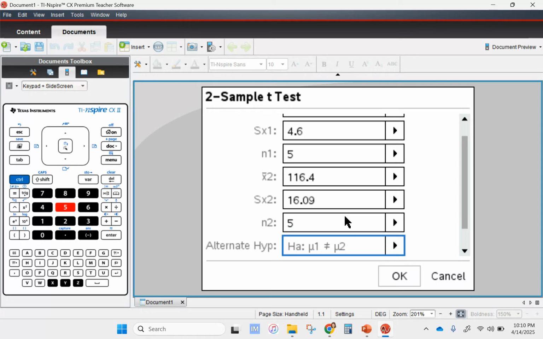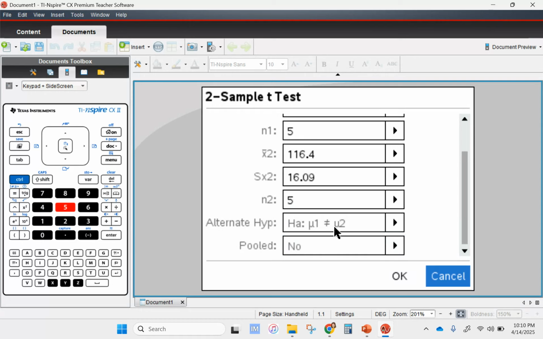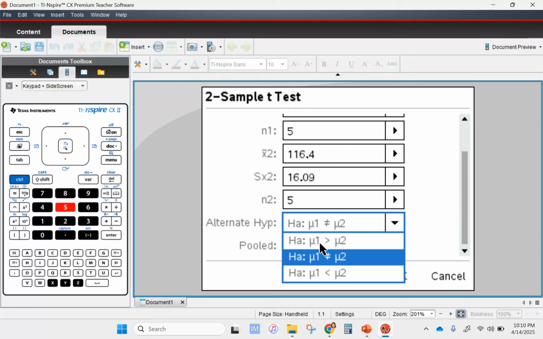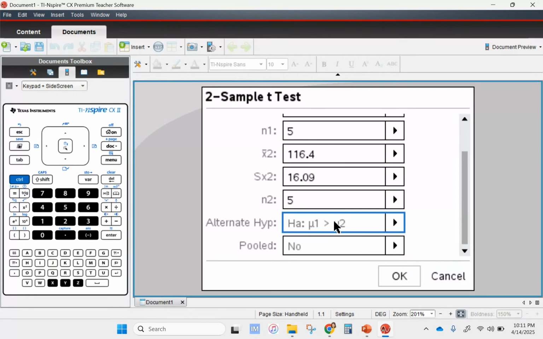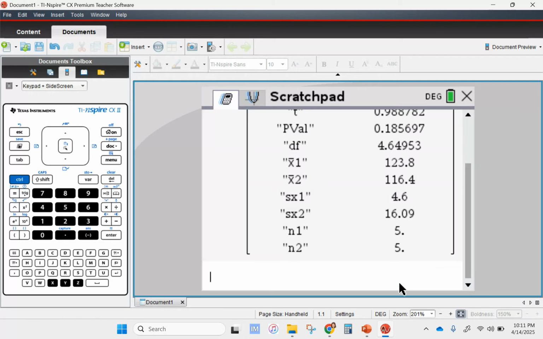And then my alternative, I'm expecting that mu1 is greater than mu2, that the 16 weeks is more than the lesser 2 weeks. And no, we are not pooling our data, and I'm going to hit OK, and it's going to give me lots of information.